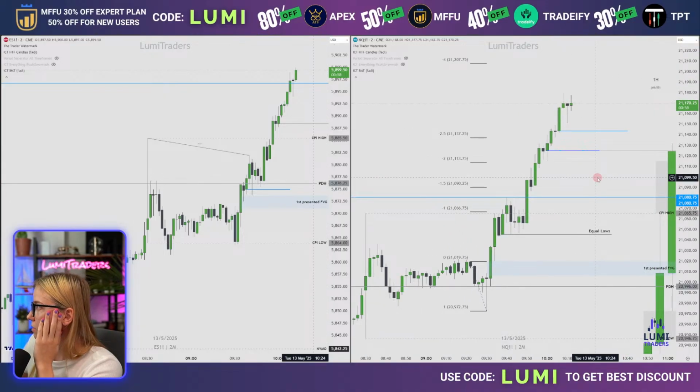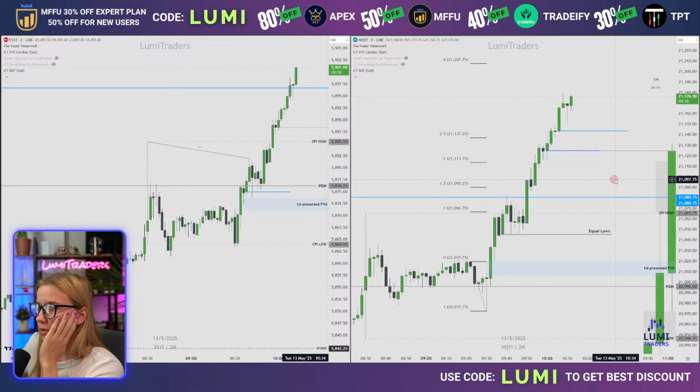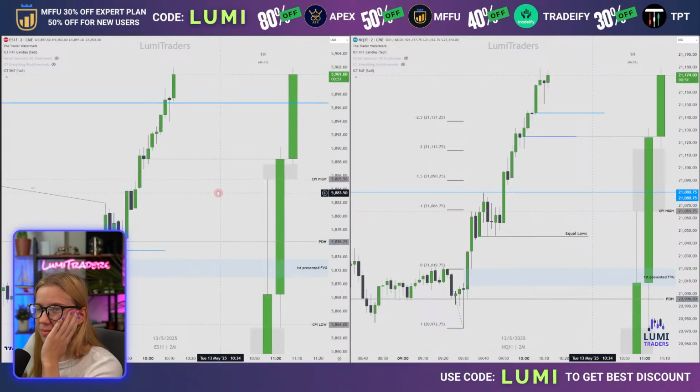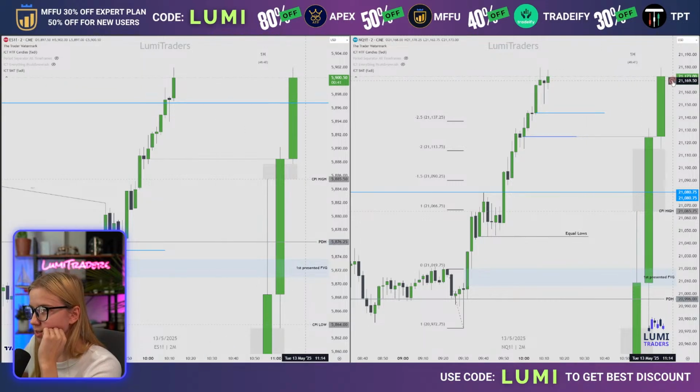Current price. What? Why can't I see? I mean, it's right here. Yes, bearish order block. Should not. Okay. We don't have an order block yet.